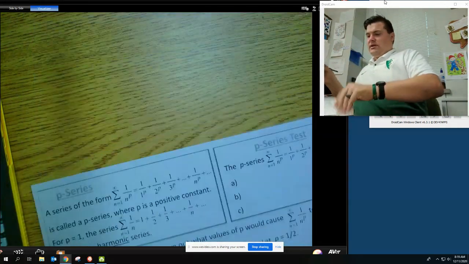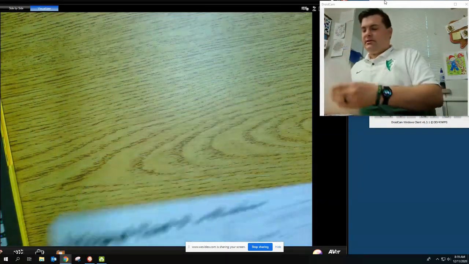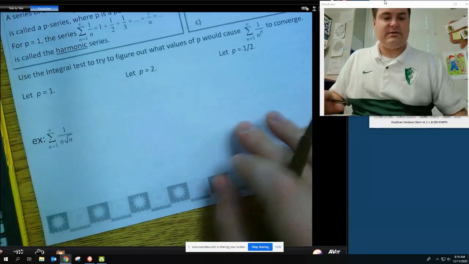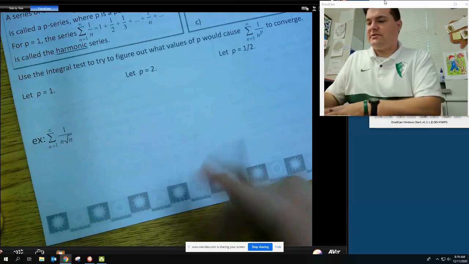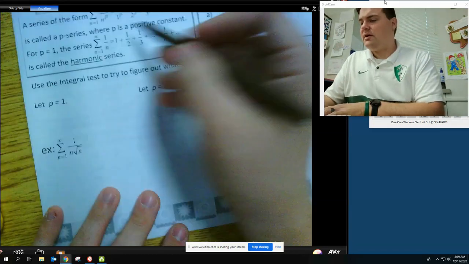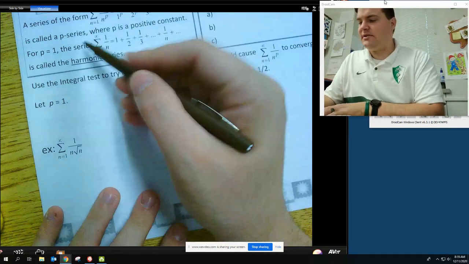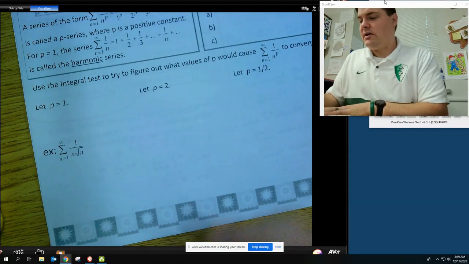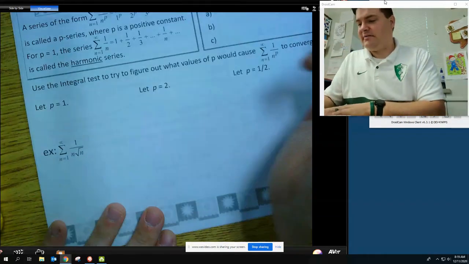Now let's talk about the P series, which is related to the integral test. The P series is of the form 1 over n to the P, which looks like this right here. It's really just talking about the power, and this is only when P is positive.